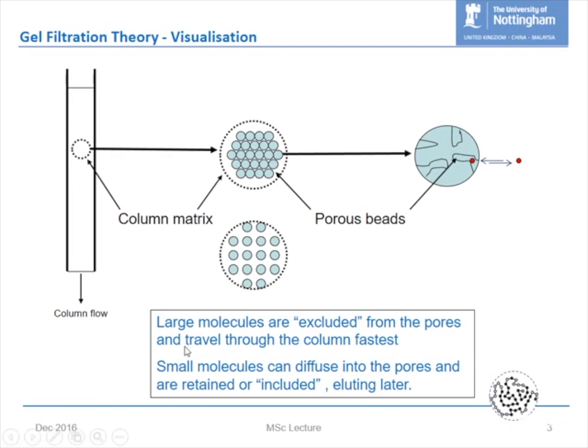Small molecules have the ability to enter into these pores, and the smallest ones that have total access will be retained the most. Then we've got a whole range of molecules in between those two, where this distribution partition coefficient becomes operative, or becomes the description of the process.